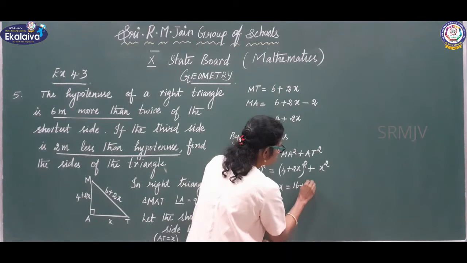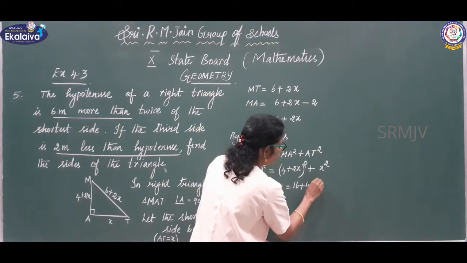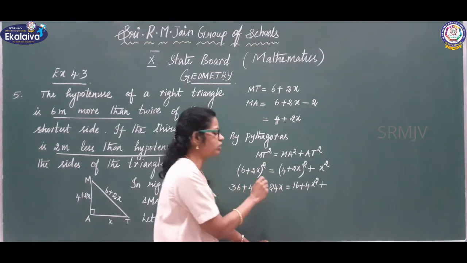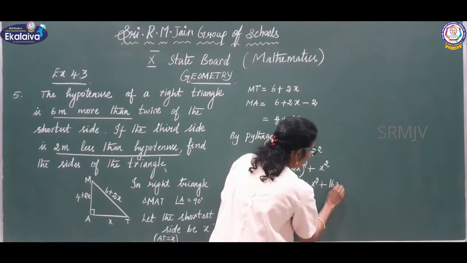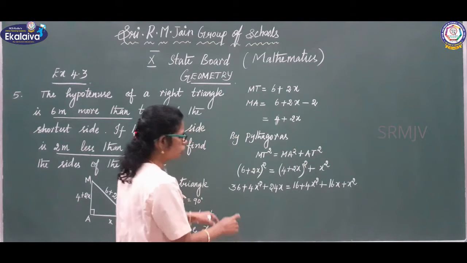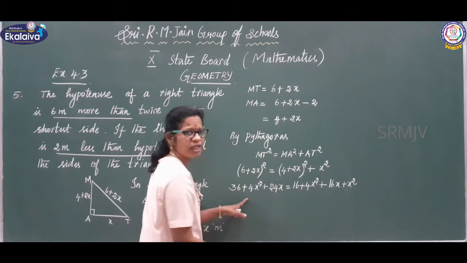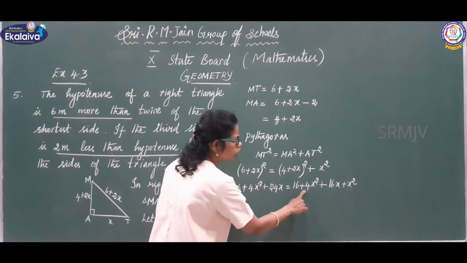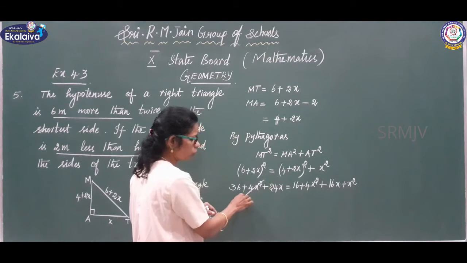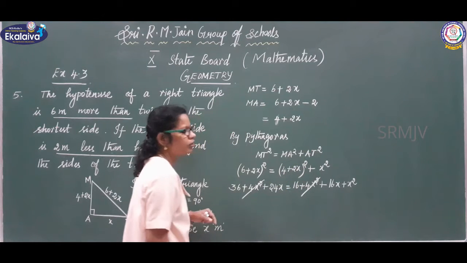16 plus 4x square plus 2 4s are 8, 8 into 2 16, 16x plus x square. Now you see, in between equal, the symbol is also same, the coefficient is also same, so you can cancel, right.